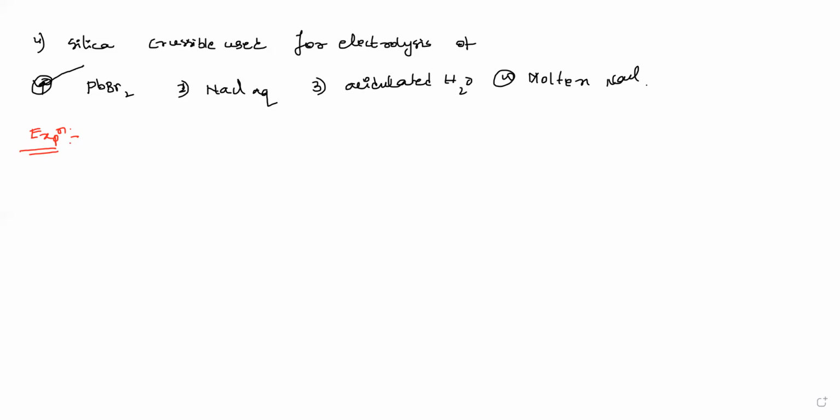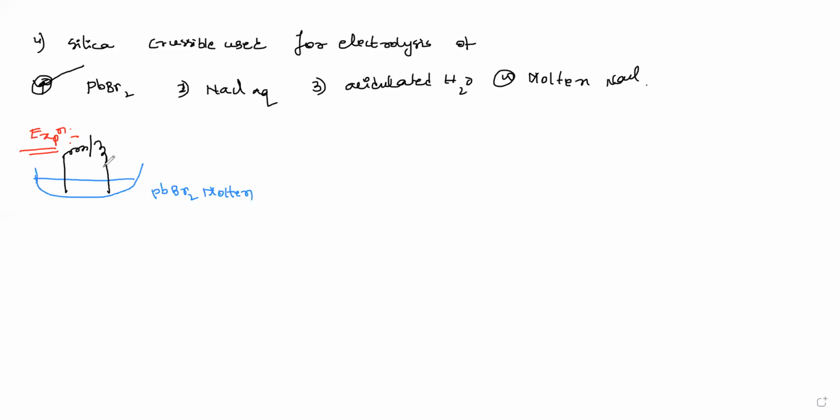First of all, we have to take the crucible. Why are we using only a silica crucible in this process? I'm taking a crucible of silica, and it is filled with molten PBr2. Then after that, we arrange the electrodes.